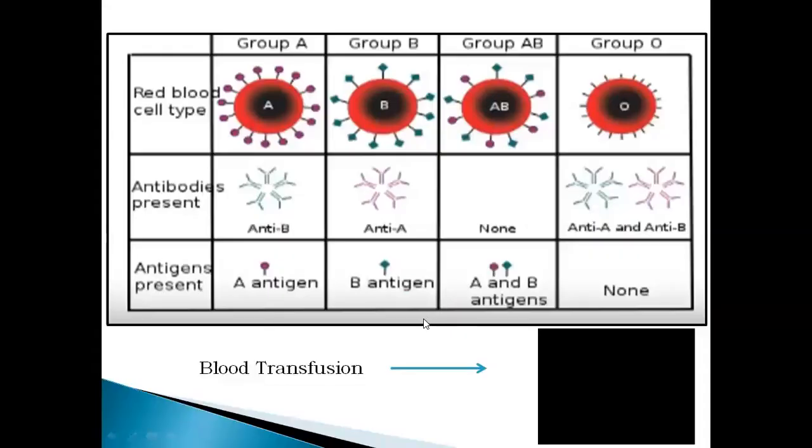With this short video, we can conclude that blood group AB plus is the universal recipient, while blood group O negative is the universal donor. O negative can give blood to everyone in the world, while AB plus can take blood from everyone, and AB minus too.